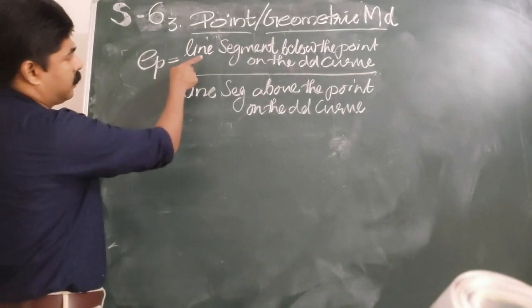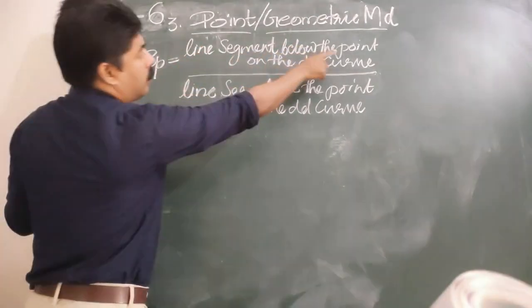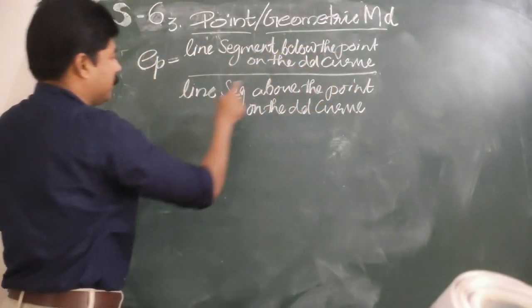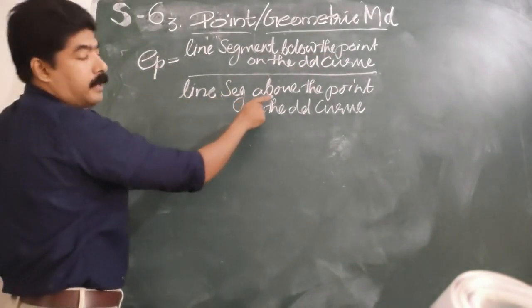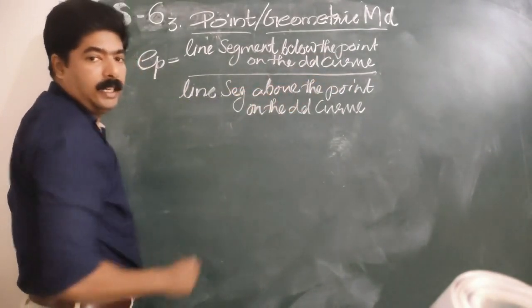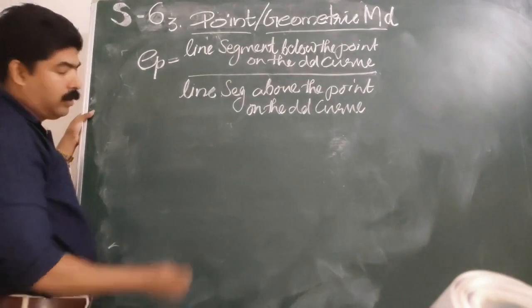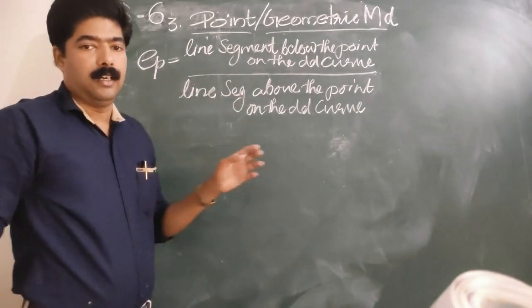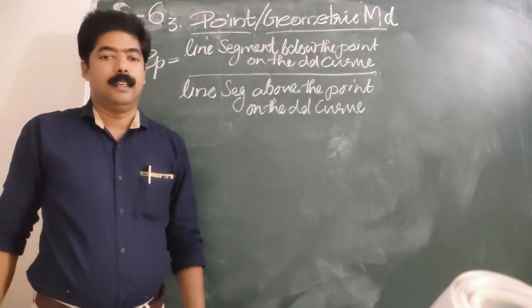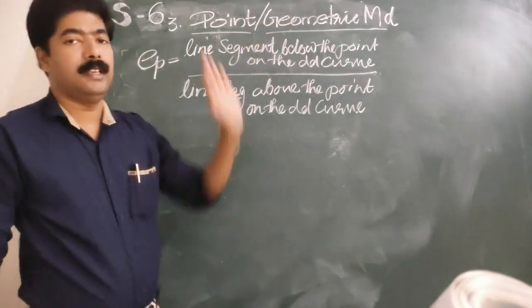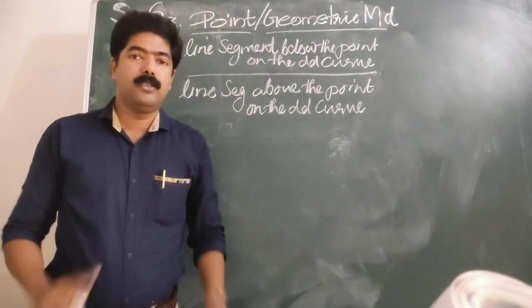Elasticity of demand is equal to the line segment below the point on the demand curve upon the line segment above the point on the demand curve. Now we will come to know that the price elasticity can be calculated in two ways.